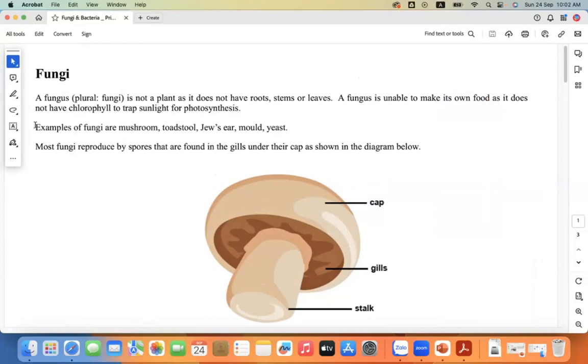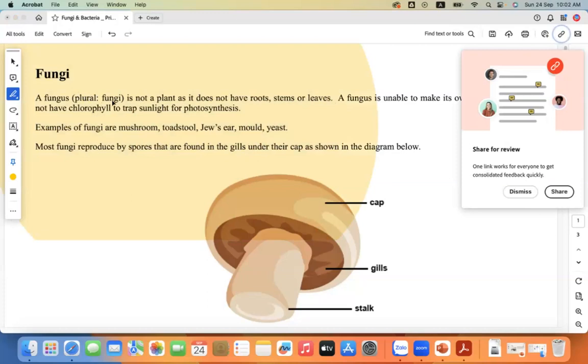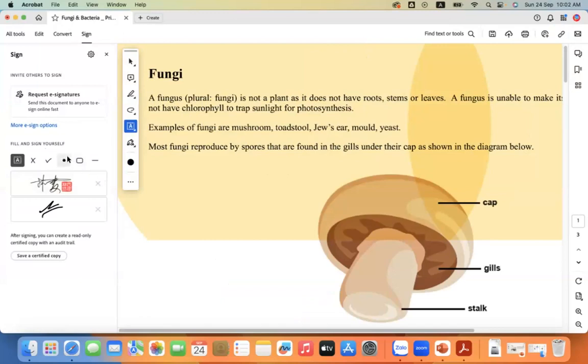So for this textbook, the most important thing you need to know is that a fungus is not a plant, as it does not have roots, stem, or leaves, and a fungus cannot make its own food. These two are the things that you need to know.